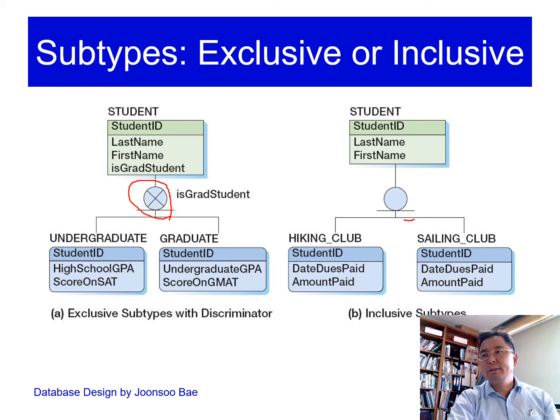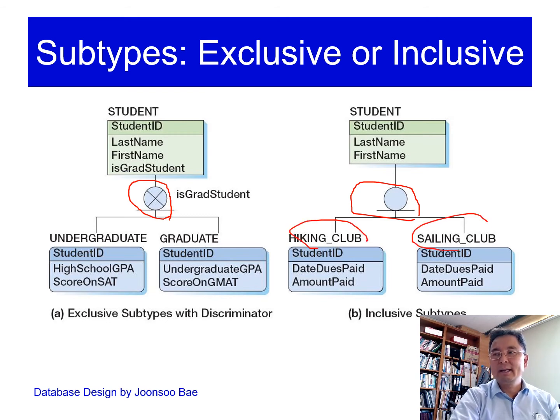And inclusive has no X symbol in the discriminator, in the flag. So this student can belong to the hiking club or the sailing club. Okay, so they can belong to either or both of the entities. So this is an inclusive subtype.